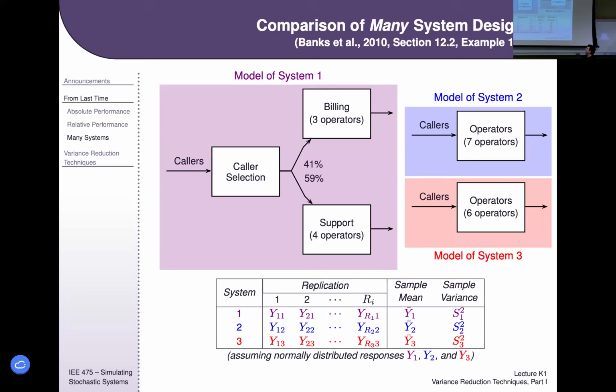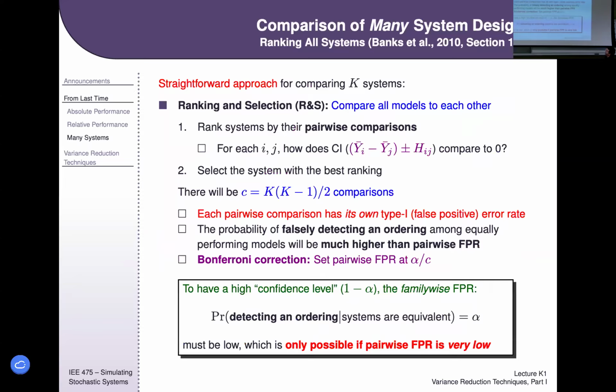All right, now what we didn't get to last time is what about three or more? So you've got three different configurations or more. How do I deal with that? In that case, you have to deal with ranking and selection methods. A ranking and selection method allows you to compare all models to each other and hopefully figure out which model is best.